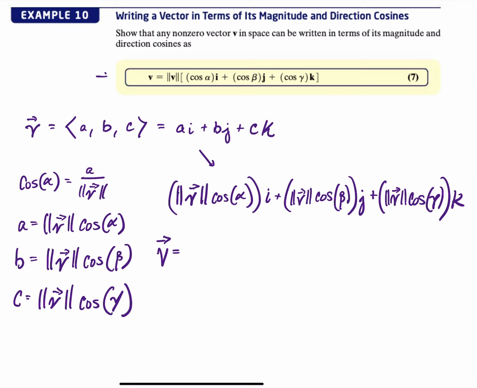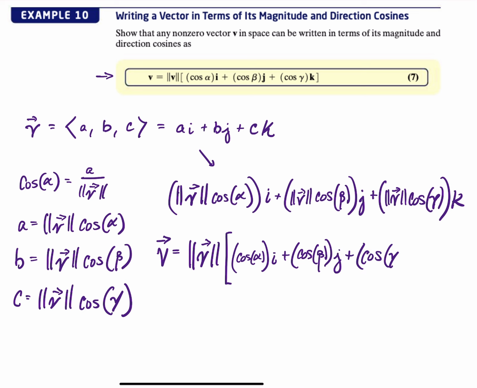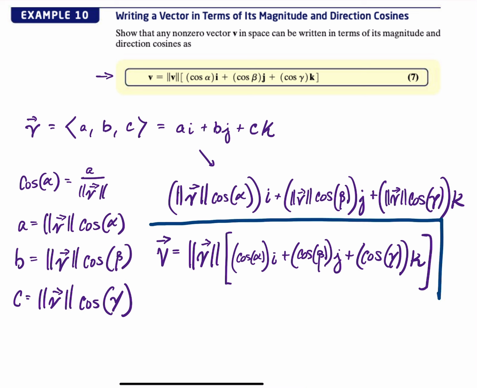So that's what we have here as our definition: the magnitude of our vector times the quantity cosine of alpha i plus cosine of beta j plus cosine of gamma k. So we can write a vector in terms of its three direction cosines.